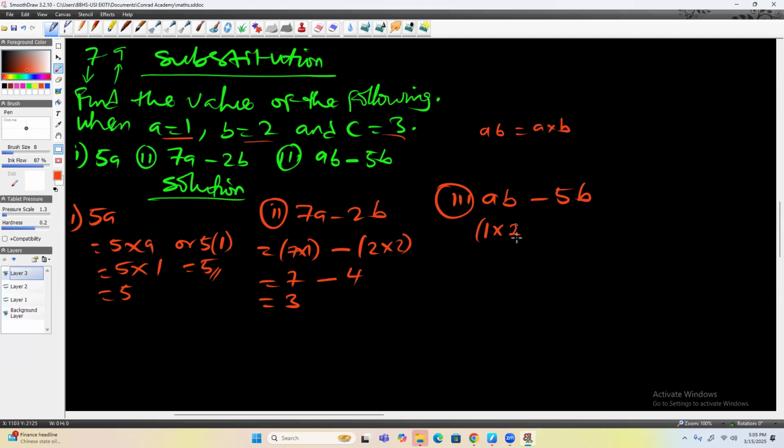Then 5B is 5 times B. So we now have 1 times 2 is 2, minus 5 times 2 is 10. Now, 2 is a smaller number subtracting 10. Anytime a smaller number is subtracting a bigger number, we have a negative value. So we reverse it: 10 minus 2, we now have 8. So our answer is 8.